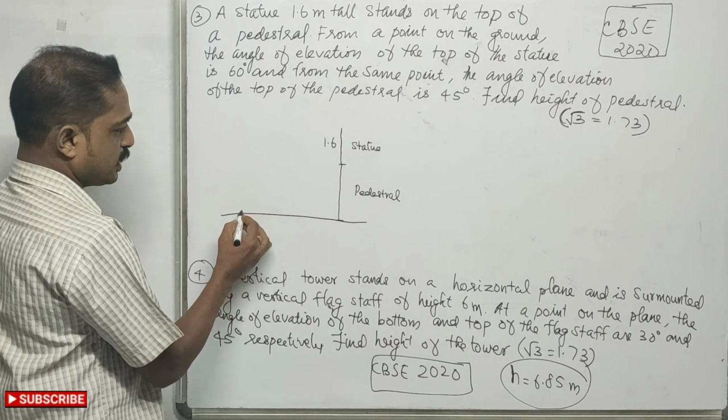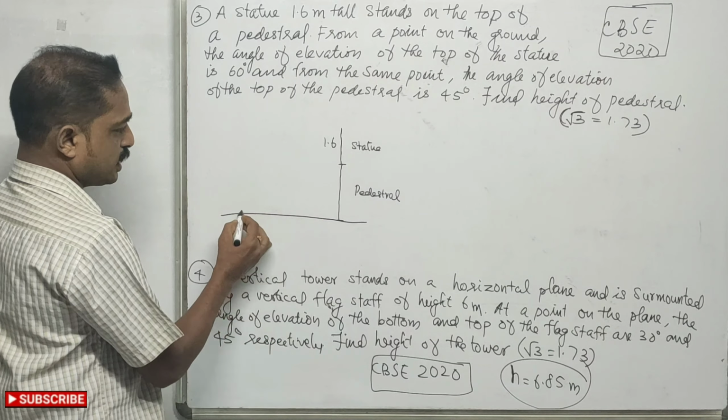The adjacent side is x. Tan 60 is root 3. Root 3 is equal to 1.6 plus h divided by x. Therefore, x is equal to 1.6 plus h divided by root 3.